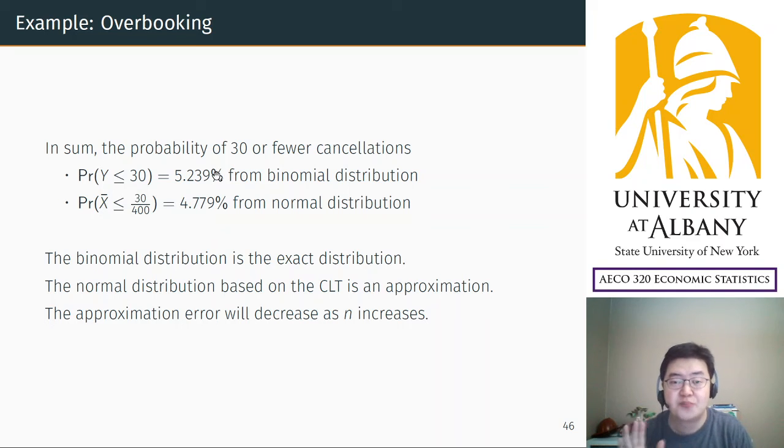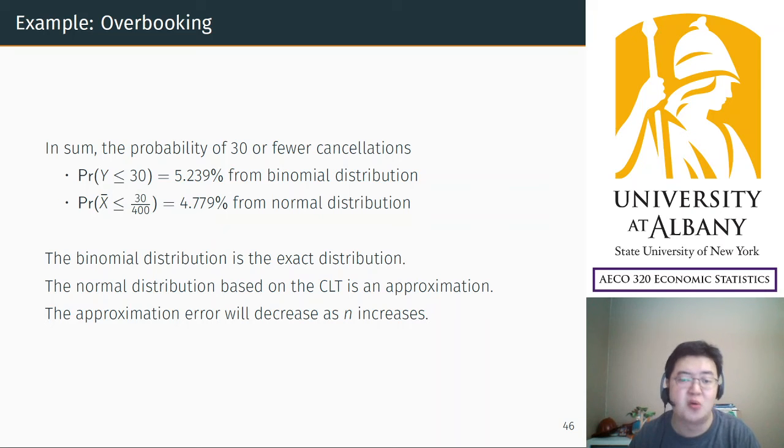There is no approximation error in the binomial distribution. But this is an approximation using the central limit theorem. So this probability requires that the distribution of x bar is close enough, similar enough to a normal distribution, but it is not. It's not exactly a normal distribution, even though it's very similar to a normal distribution.